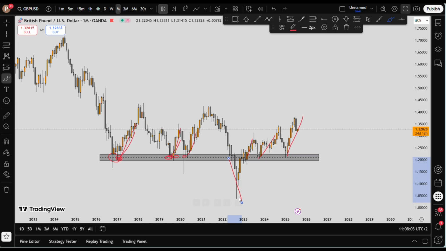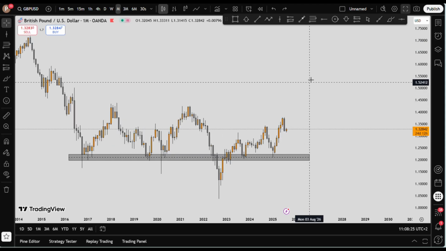This here is what we call a fake out or manipulation, because price was supporting properly at this level, and then here it broke out only to come back and close above and continue our normal support structure, right?